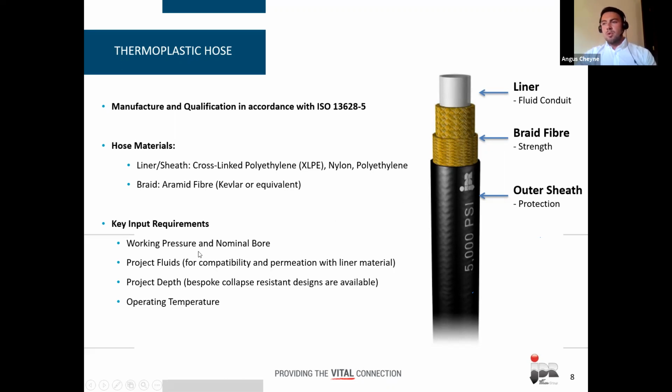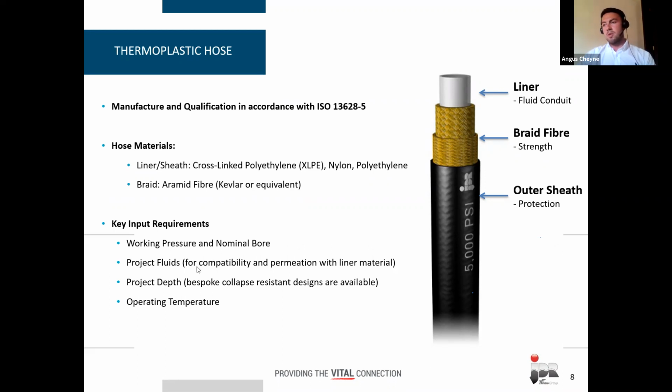So some of the key input requirements that we would need to design a hose, which should be relatively straightforward, at least for the most part, I think are quite common sense. We would need to know the working pressure and the nominal bore required for the hose. We also need to know the fluids. Fluids can vary quite significantly between different hose functions and projects.